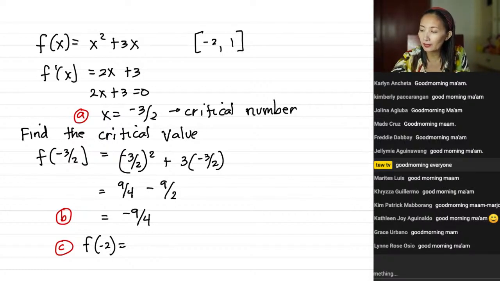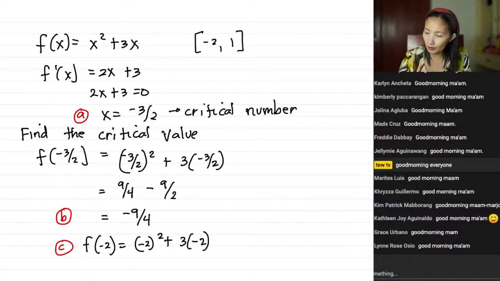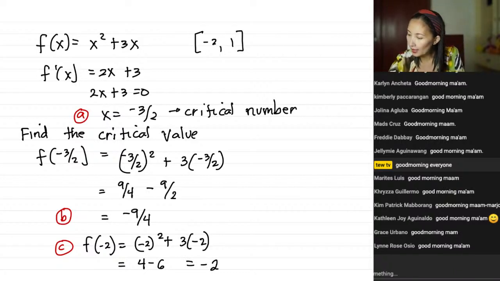From the endpoints of our interval. f of negative 2 is negative 2 squared plus 3 times negative 2. What is this equal to? 4 minus 6, which is negative 2.